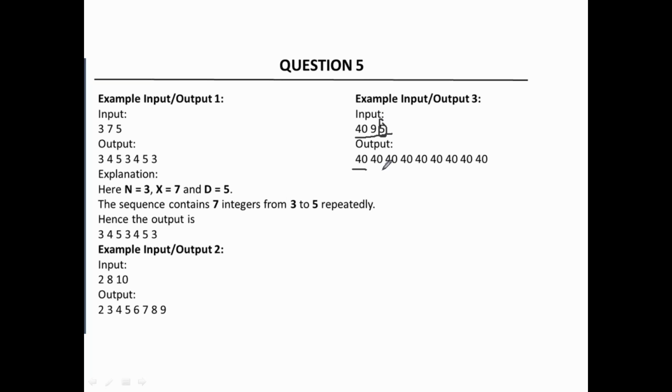At that time, you should simply print the same value, the same start value, x number of times, when the d value is smaller than n. That is, you should print the n value for x number of times.